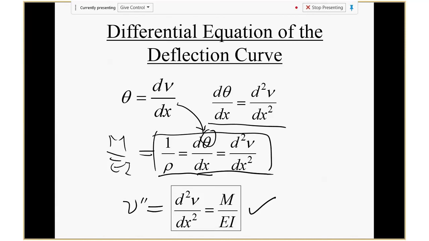Now here is a use of it. So what you learned is useful here, right? So we have a second order differential equation here. Okay, so therefore this chapter, determining the deflection, is pretty much a mathematical exercise of solving differential equations. Because we see here the deflection is governed by a differential equation relating to m, right?